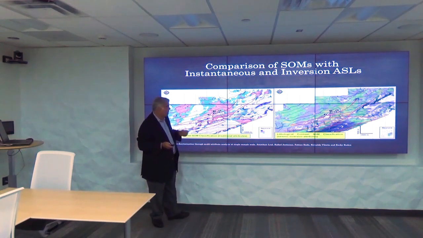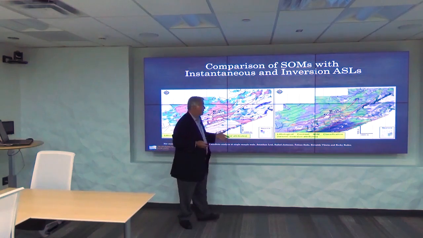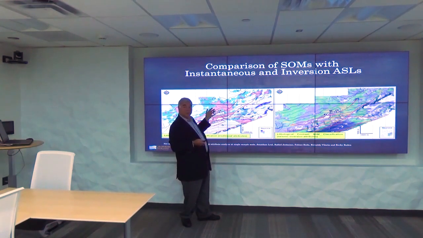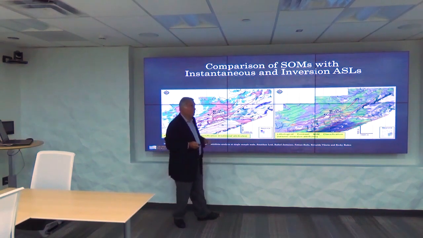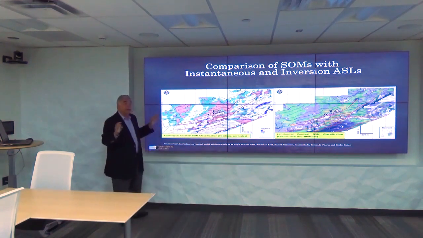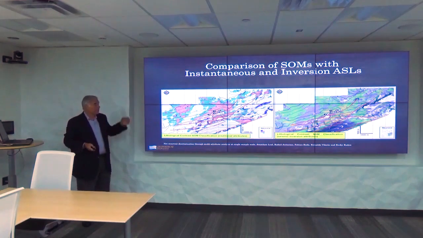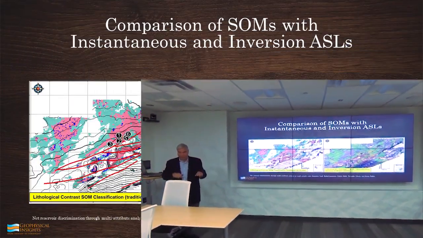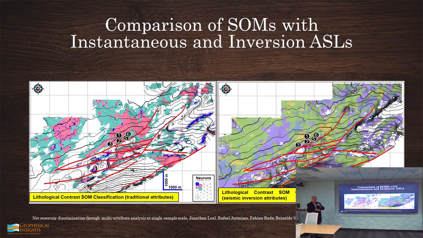And indeed, in this particular case, the better answer was using these attributes, instantaneous, as opposed to using the inversion attributes. Not making a blanket statement about instantaneous is always better than inversion attributes. Not saying that at all. There's plenty of good research here to tack this down a little bit better.